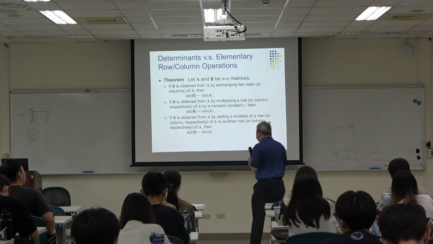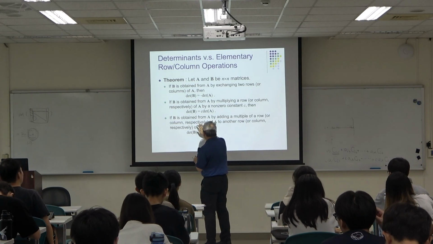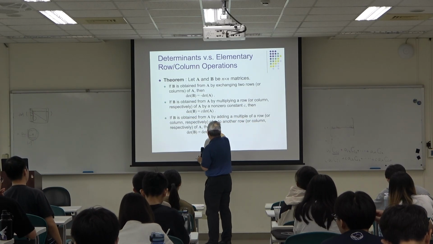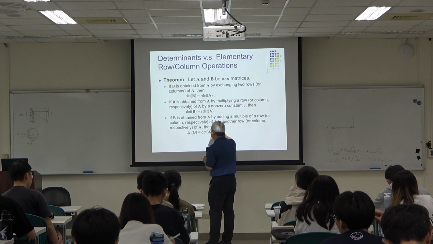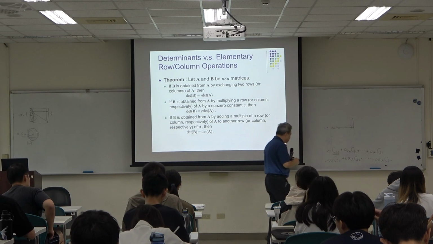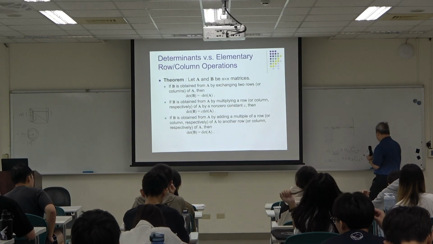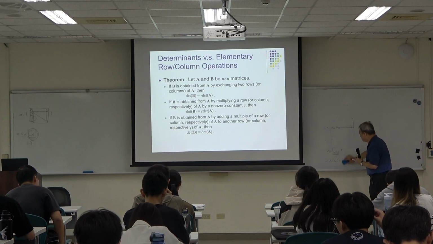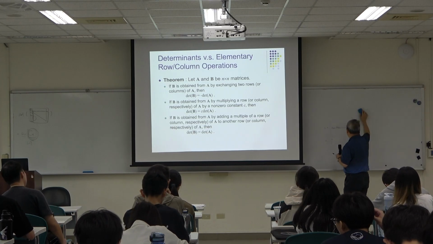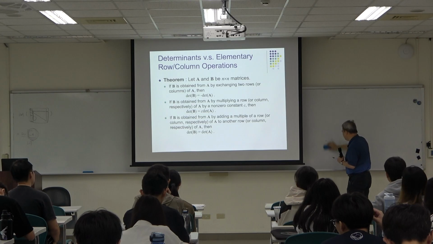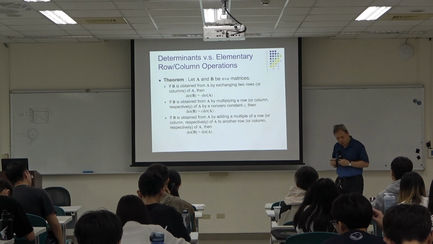The last one: if B is obtained from A by adding a multiple of a row of A to another row of A, then the determinant of B equals the determinant of A. This one is proved by induction.